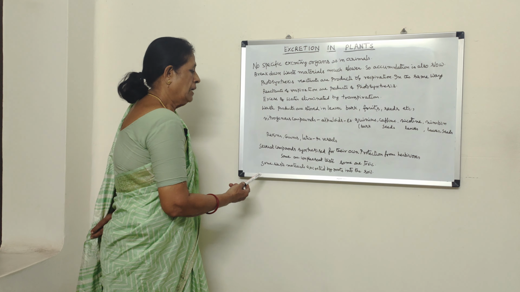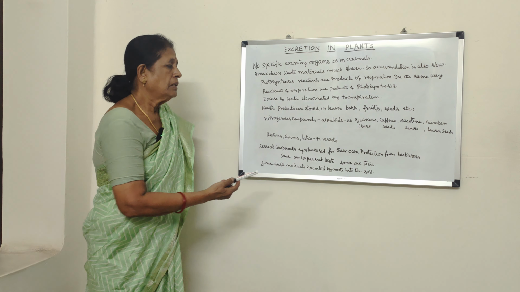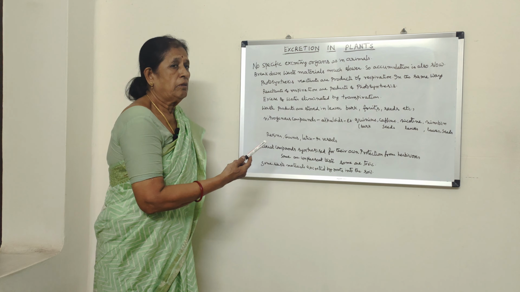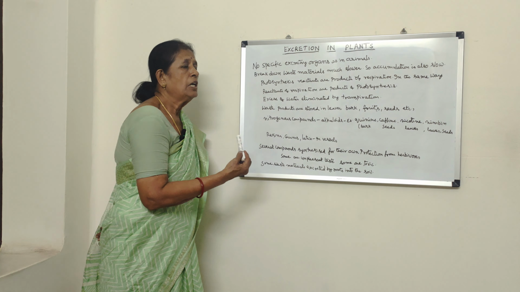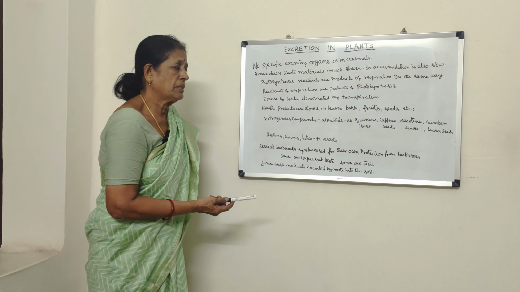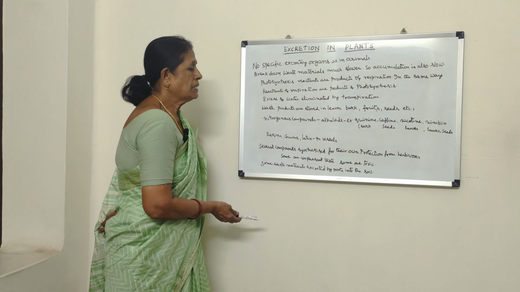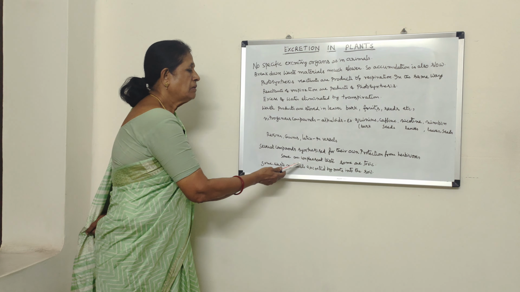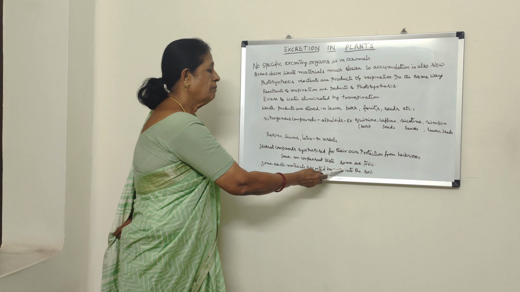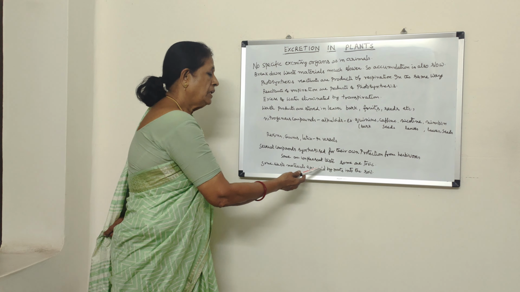And next, the plants synthesize certain materials for their own protection, to protect themselves from grazing animals. The materials synthesized by the plants are very bitter and unpleasant to taste, and some waste materials are also toxic to the animals which eat them.